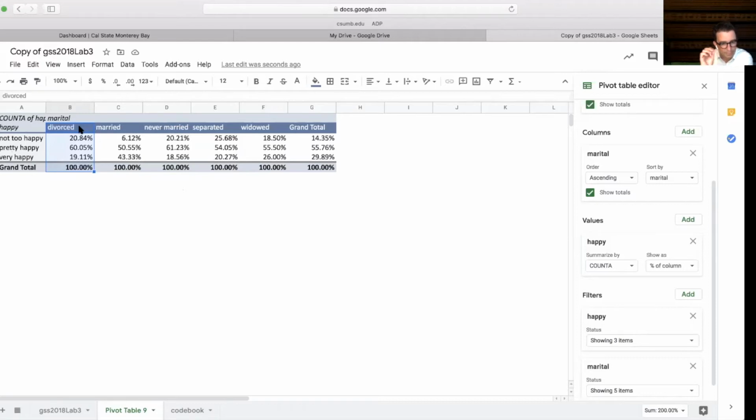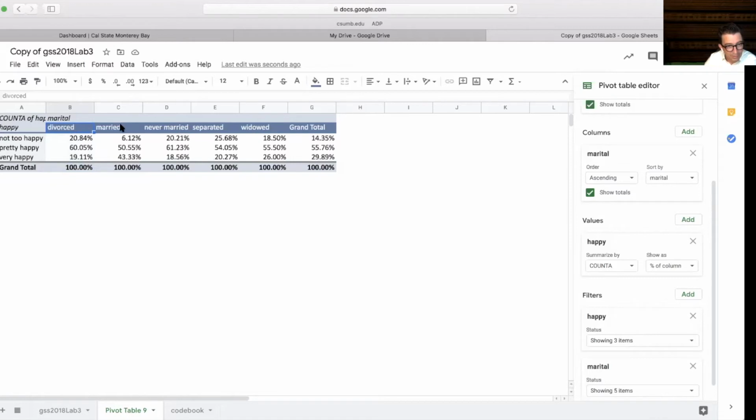This is the distribution of the variable happiness for those who answered that they are divorced, only for them, right? So we see that for those that are divorced, 21% say they're not too happy, 60% say they are pretty happy, and 19% said they are very happy, right? This is the distribution of happiness for those who are divorced.